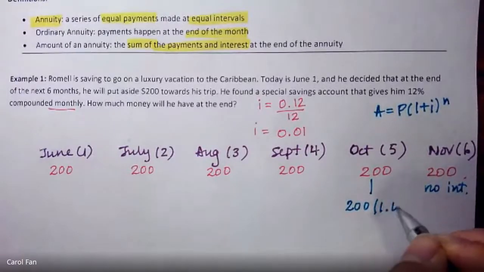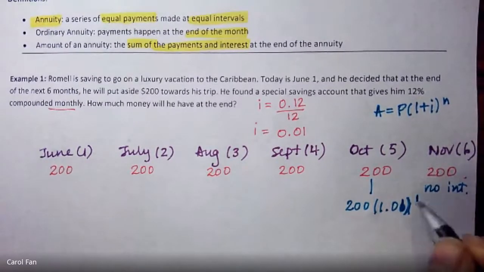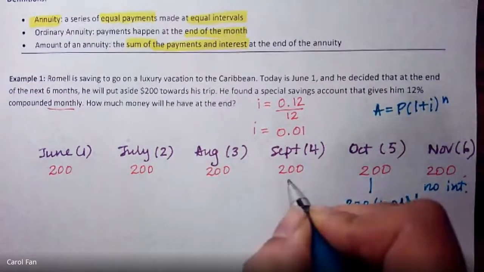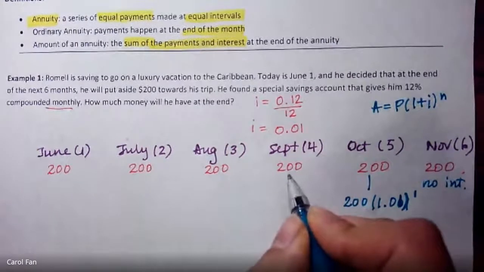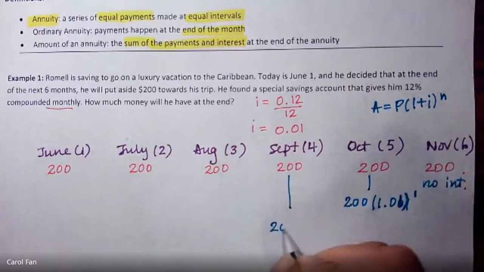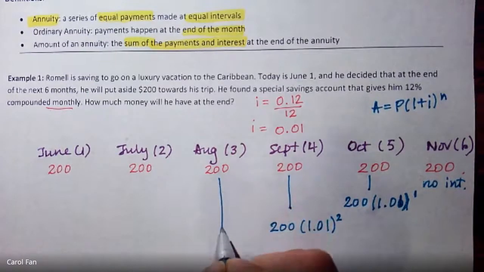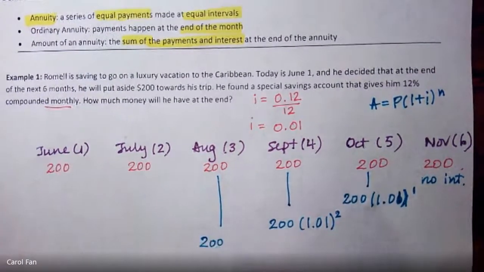So we have 200 times 1.01 to the power of 1 because he's getting 1 month worth of interest. The amount that he put in September will get 2 months of interest, so our n is 2. August, $200 times 1.01 to the power of 3.